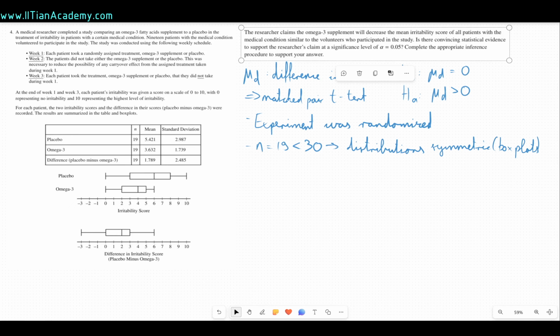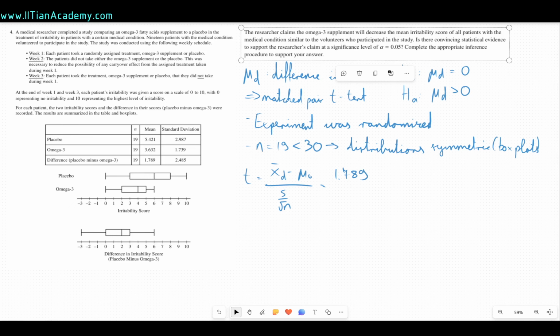So we can calculate the value of the test statistic for the matched pair t-test. The formula is x average d minus mu 0, divided by s divided by root n. Let's plug in our values. The difference is 1.789.